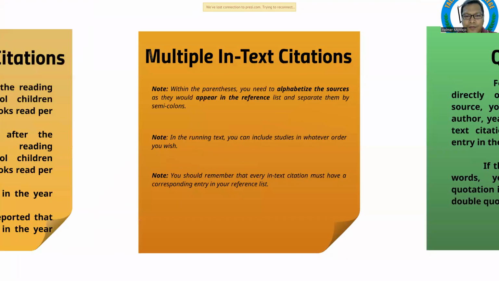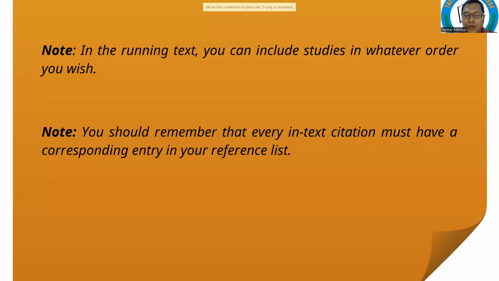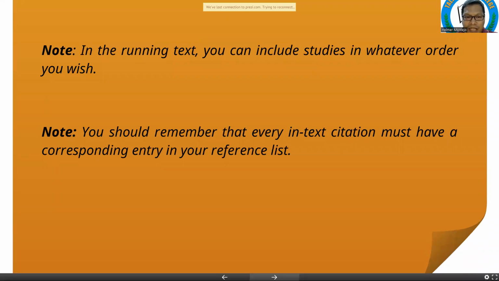What if you are going to cite a lot of authors? We need to remember that for every in-text citation, you must have a corresponding entry in your reference list.